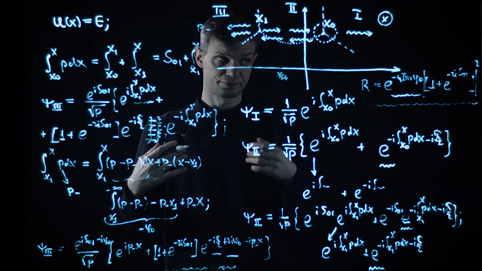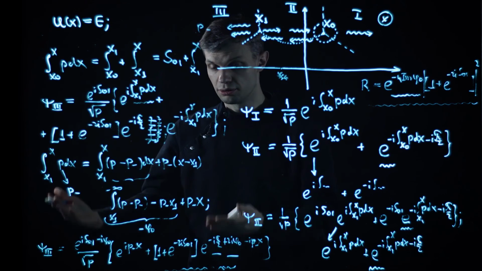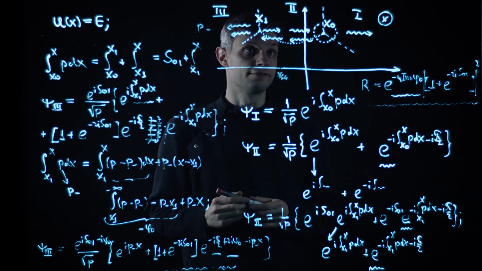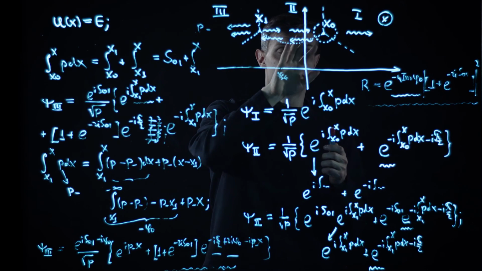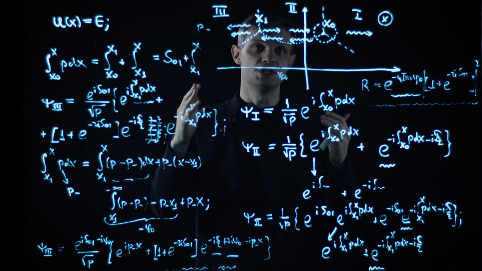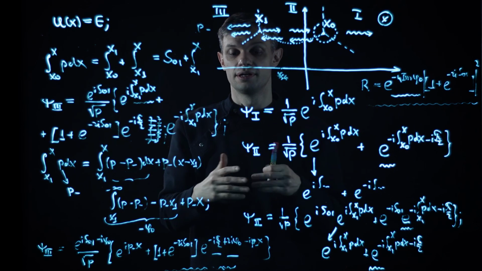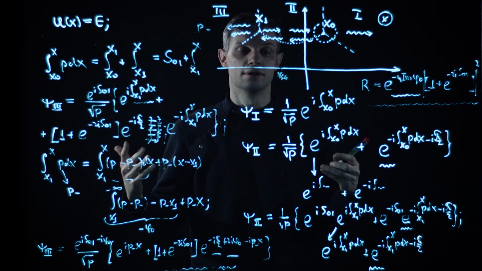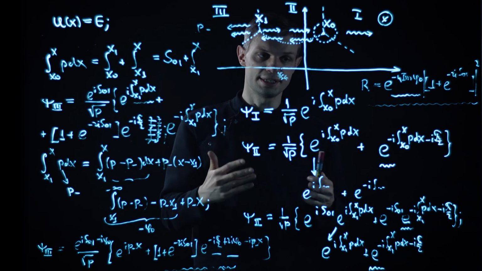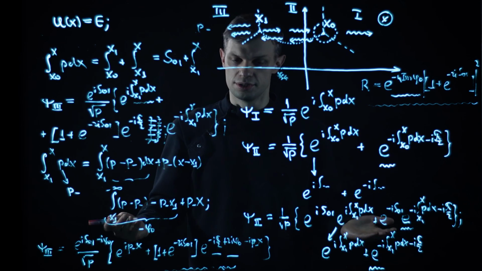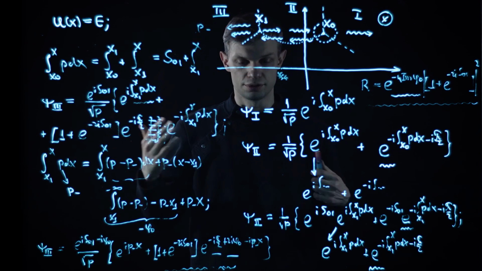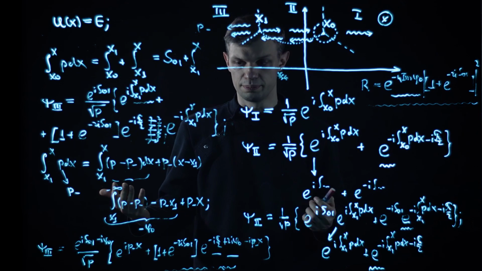Only in this case is this whole consideration relevant. If you have both turning points closer to each other than, for example, the wavelength of the incoming particle, then all this consideration is, of course, irrelevant, and we should treat the problem in a different manner.